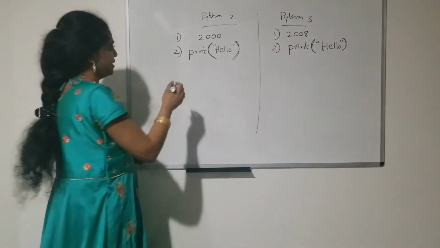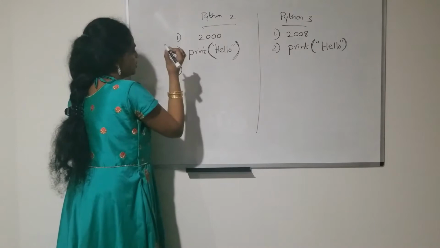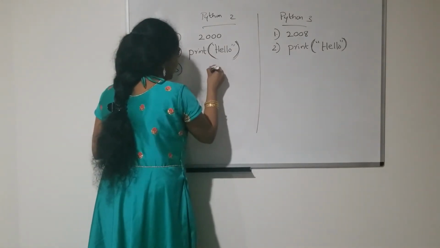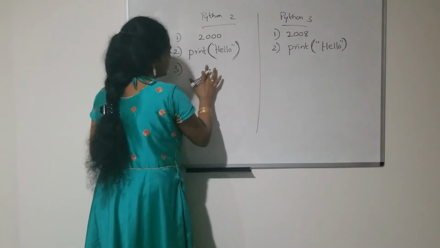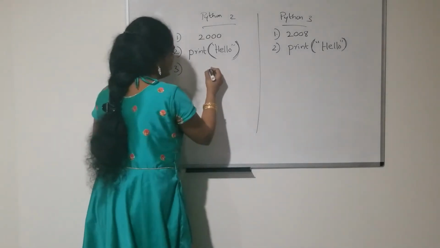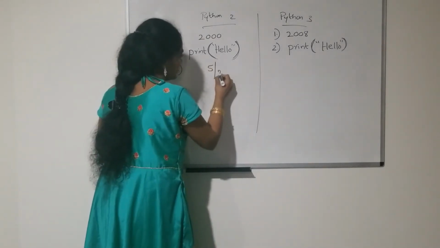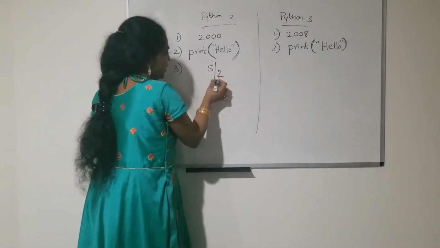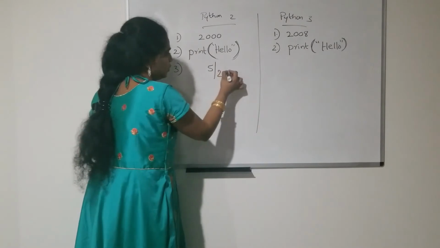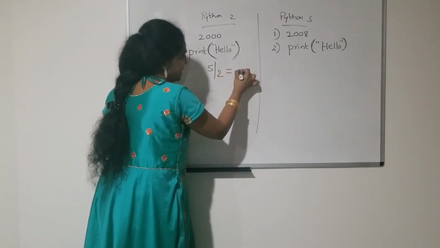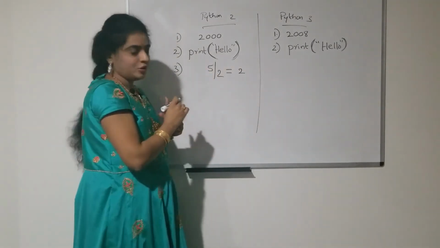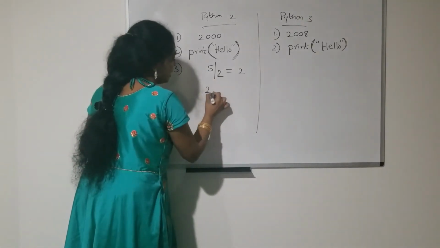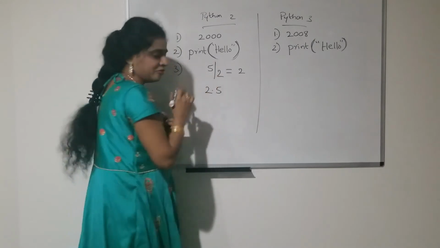Next, coming to the third difference. If you divide two integer values, suppose 5 by 2, the exact output is 2.5.